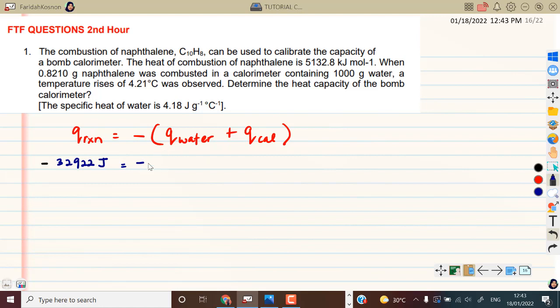How do we calculate heat absorbed by water?